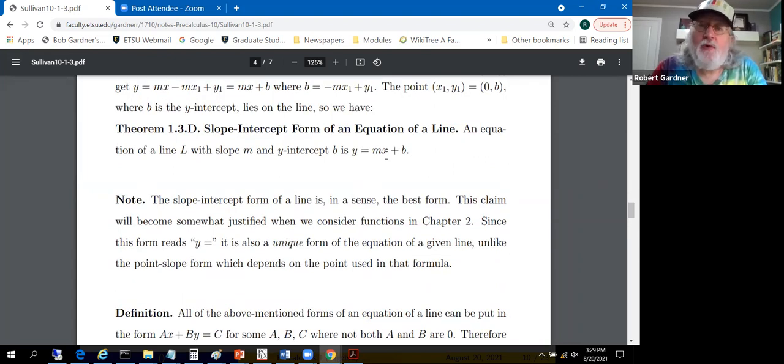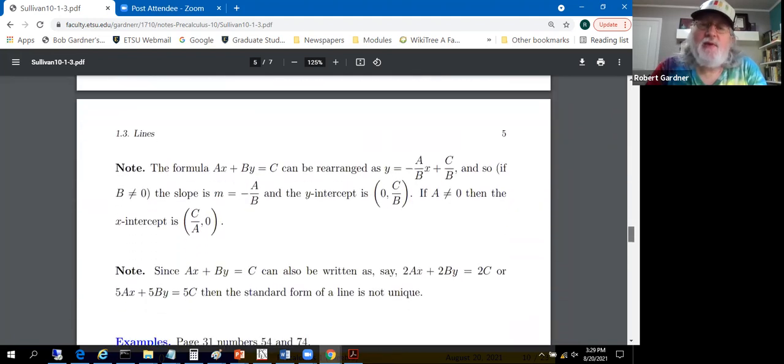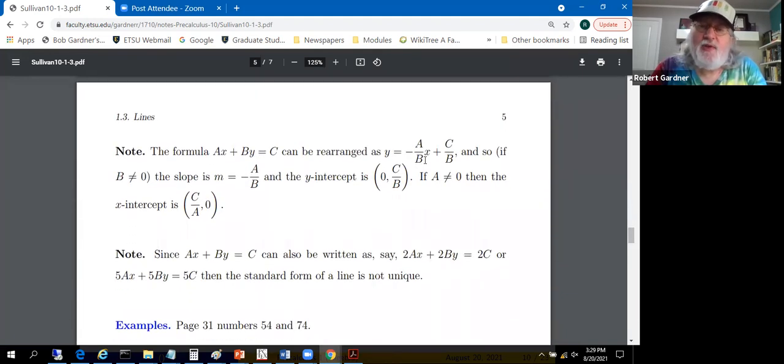We've got it in that form. So the slope goes here. The y-intercept goes here. Those were expressed in terms of the capital A, the capital B, and the capital C. But being in those locations, I know I can interpret this as slope and this as the y-intercept, a point at 0, comma, C over B.